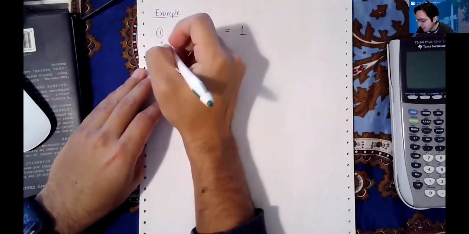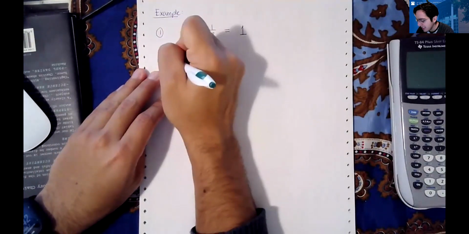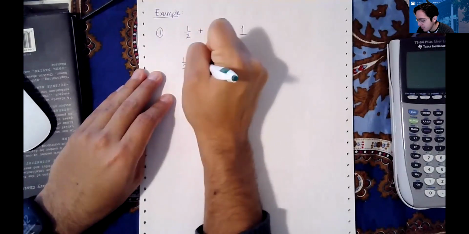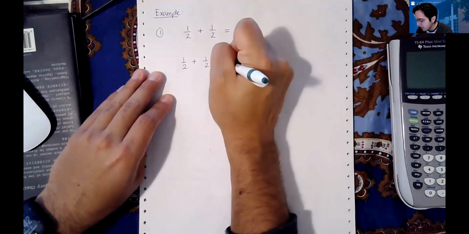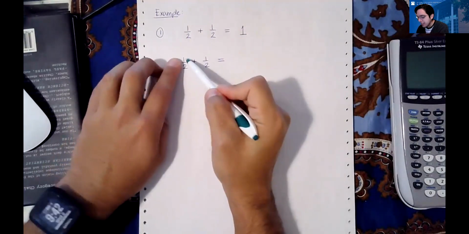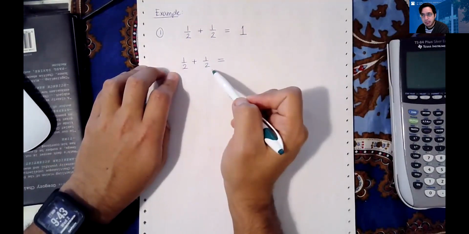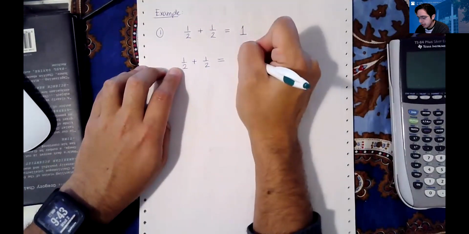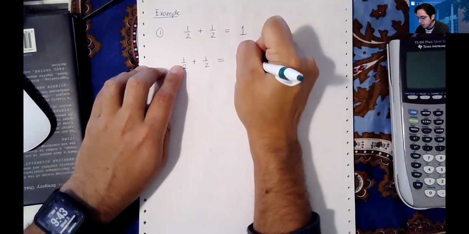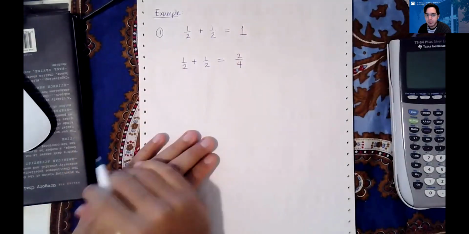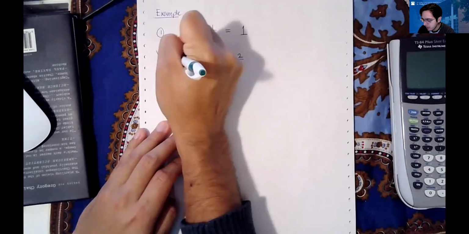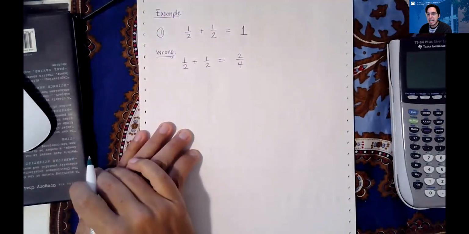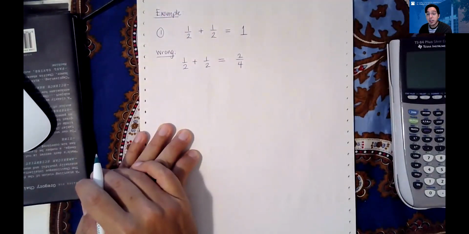A lot of students think that if you have 1/2 plus 1/2, you should add the numbers on top and add the numbers on the bottom. That would be 2/4, right? So this is actually the wrong thing to do. You can't just add the numerators and add the denominators.